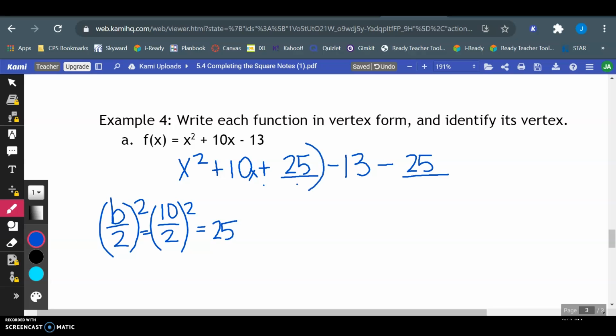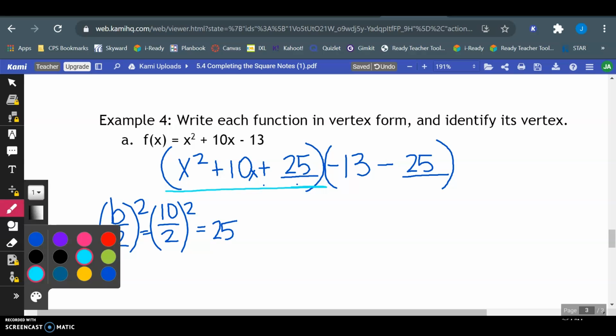And I want to keep these terms together, and then I'm going to simplify these terms back here. So when I factor the trinomial here, so now I'm looking at this part. When I factor that, let me rewrite it so I have room, maybe that'll help.